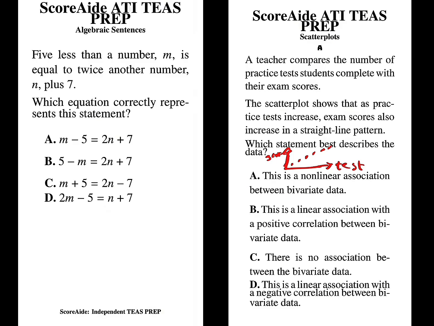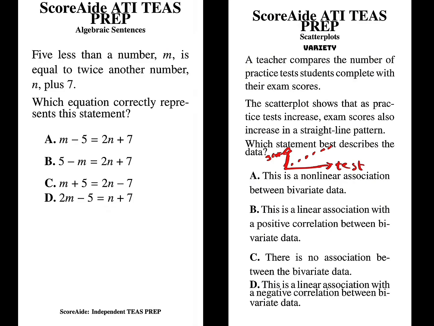B, this is a linear association with a positive correlation between bivariate data. Why bivariate data? Because we are dealing with two variables. The scores are increasing, making scores a variable. The number of practice tests are increasing, making it also a variable. So two variables compared together is bivariate data.